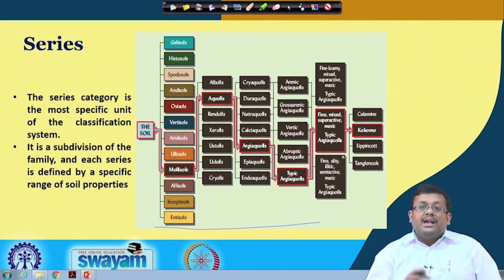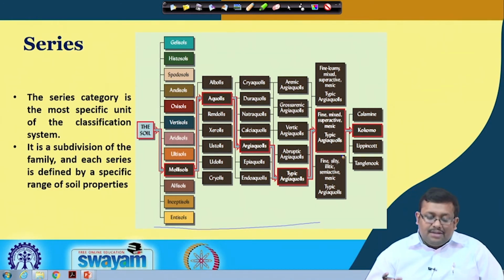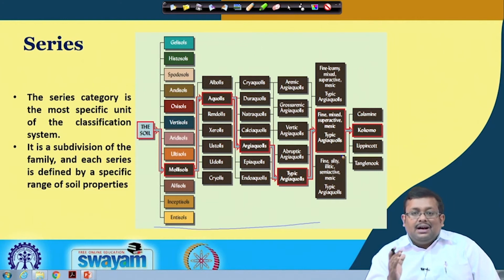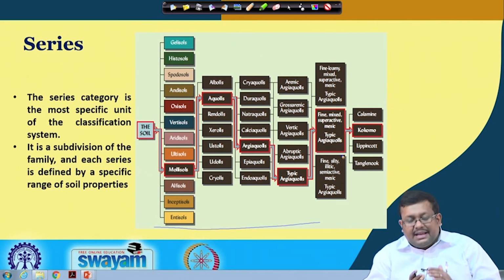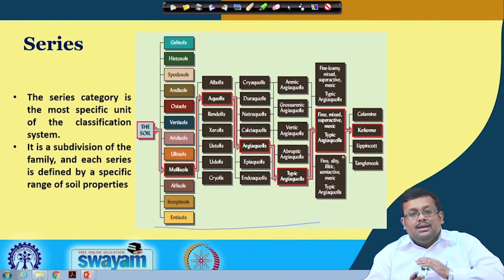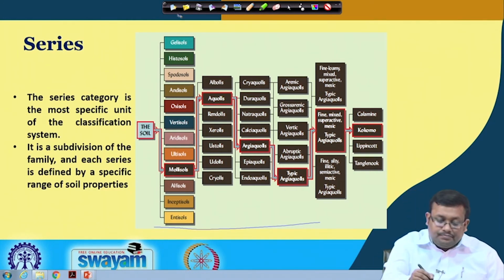So that is how we can define each and every soil of the world in some systematic way, using these individual criteria or categories. There are six different categories: soil series is the most specific, and then soil family, then subgroup, great group, suborder, and finally soil orders.